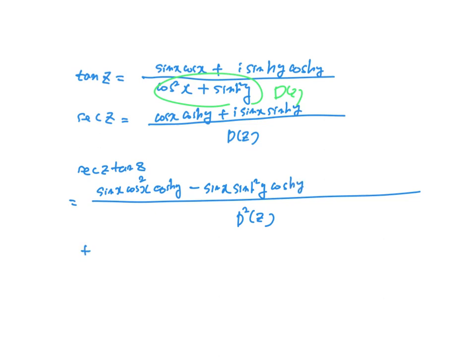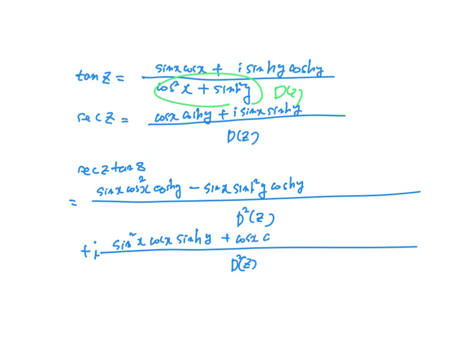Plus, with d squared z, we have an imaginary part. It's cross multiplication. So sine squared x cosine x sine hyperbolic y plus cosine x cosine hyperbolic squared y sine hyperbolic y.